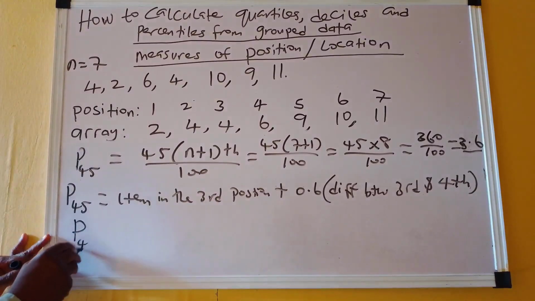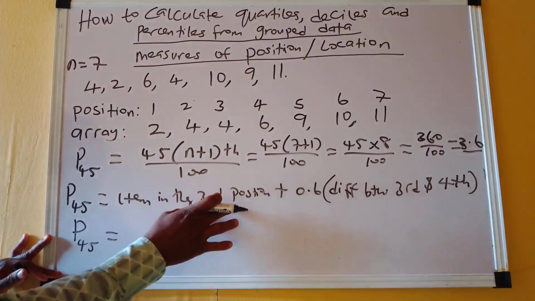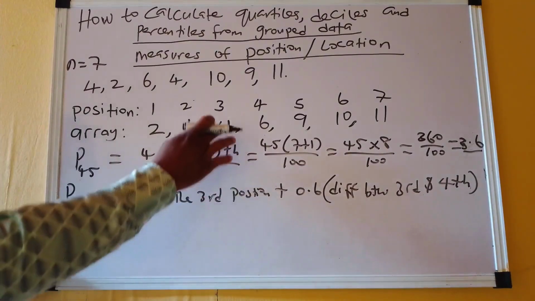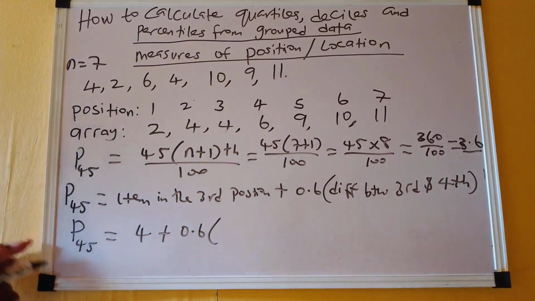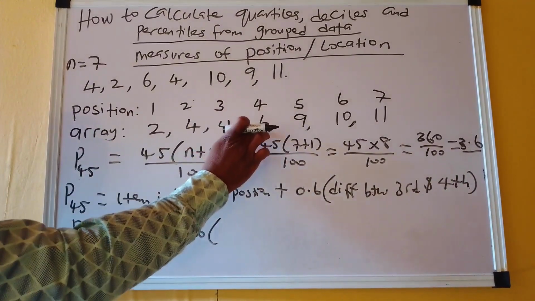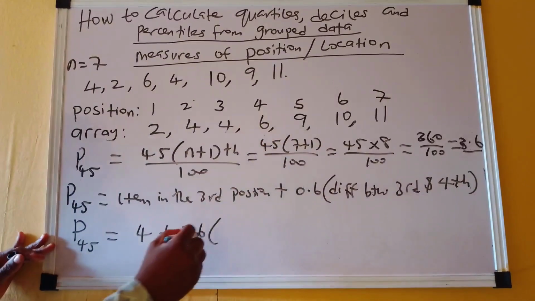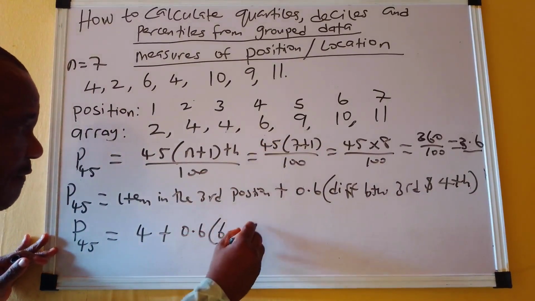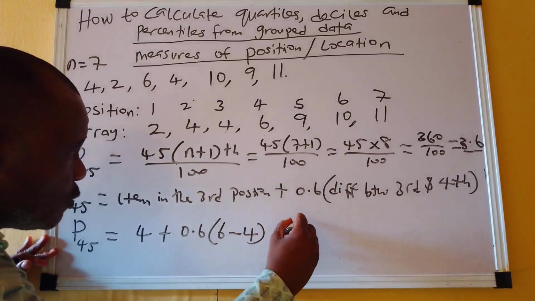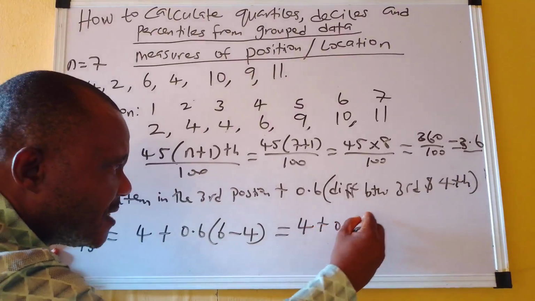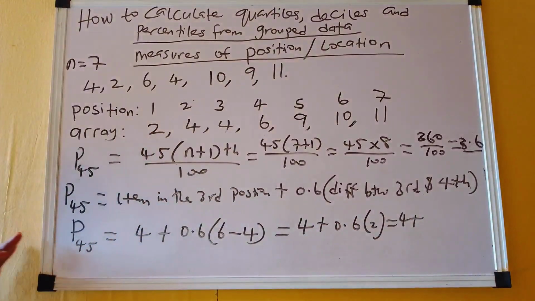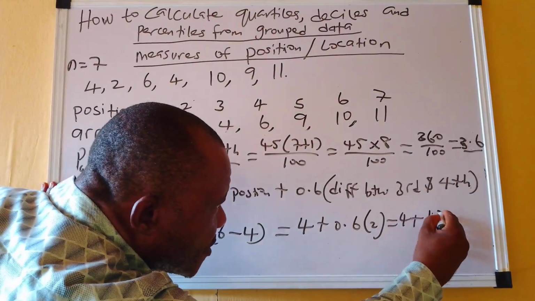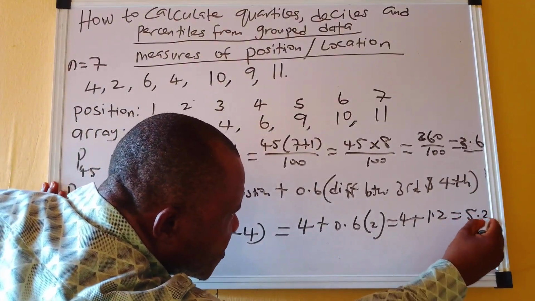The item in the third position is 4. So it's 4 plus 0.6 into, the item in the fourth position is 6, minus 4, the one in the third position. So you will have 4 plus 0.6 into 2, which is 4 plus 1.2, so it's equal to 5.2.